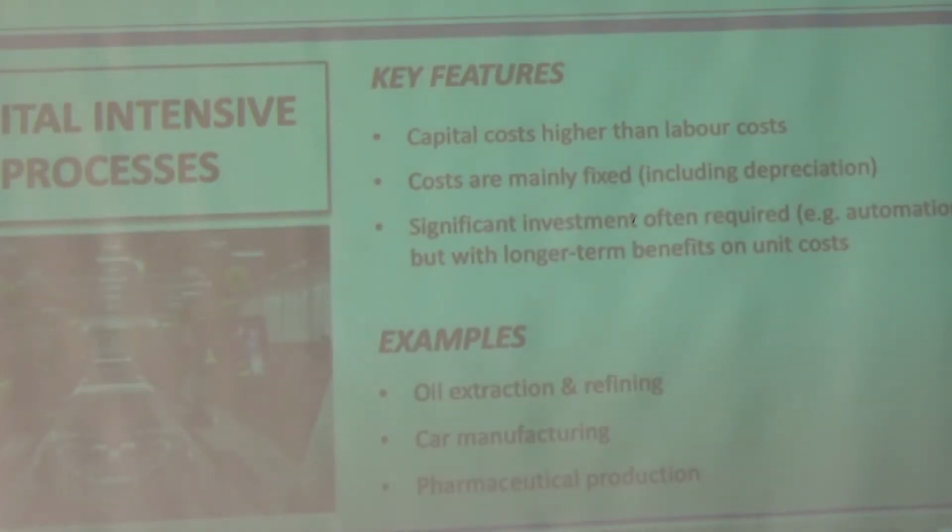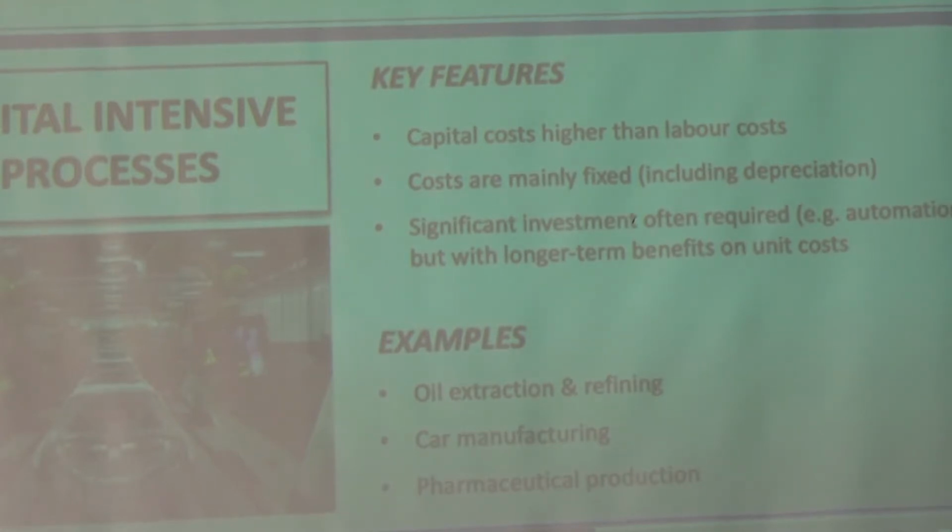Compare and contrast therefore that with capital intensive processes. Now here, capital costs, costs of hiring, investing, depreciating machinery, implementing systems as part of production, tend to be higher than the labour costs.